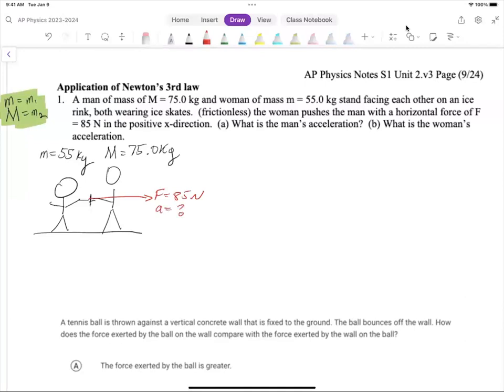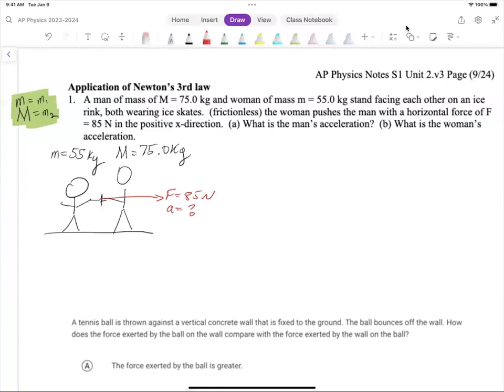Okay, now over here to the left, I have highlighted in green. This is actually very common on the AP exam. So listen, capital M and lowercase m are used to distinguish between two masses on the AP exam. I cannot stand capital M and little m. Is it easy to get capital M and little m mixed up when you are doing a whole bunch of math? Yes, it is.